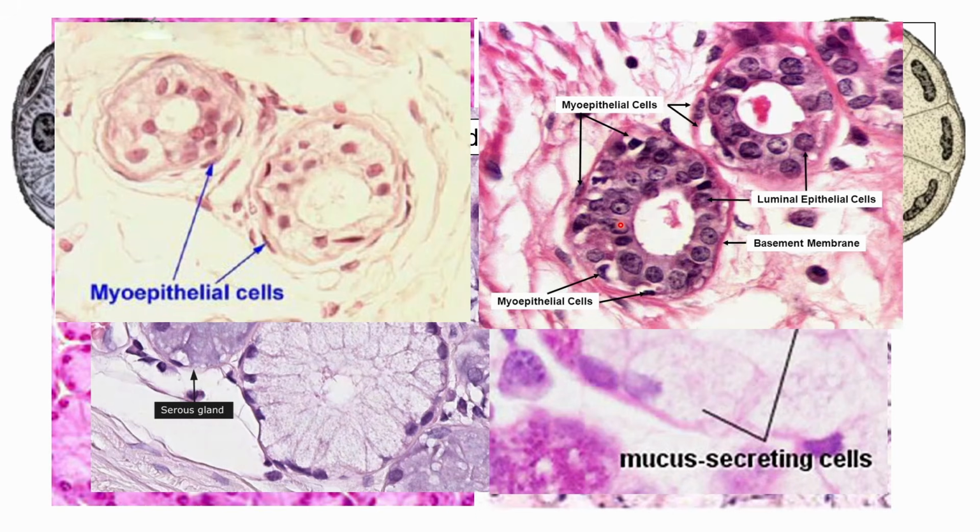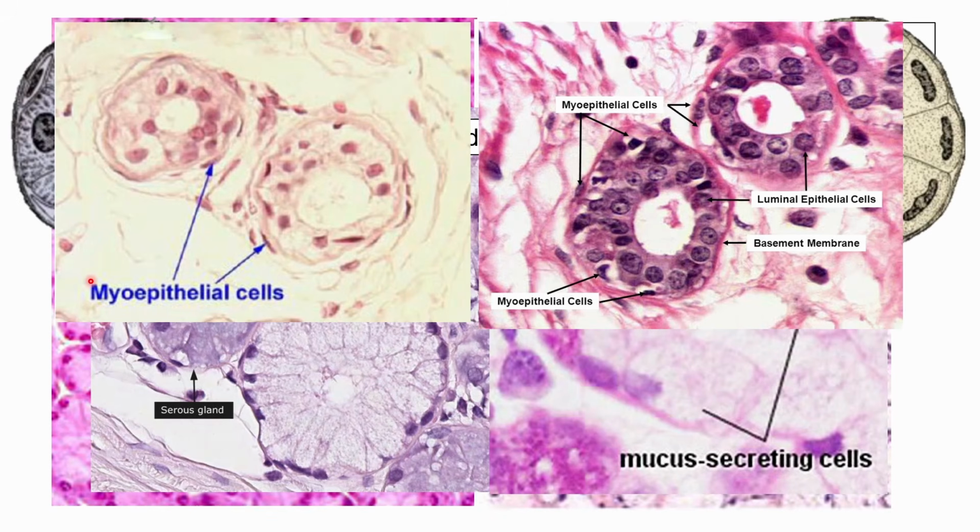Another important component of your glands would be your myoepithelial cells. These myoepithelial cells are usually located outside, no, the clump or layer of your secreting cells. They are usually nearest the basement membrane.